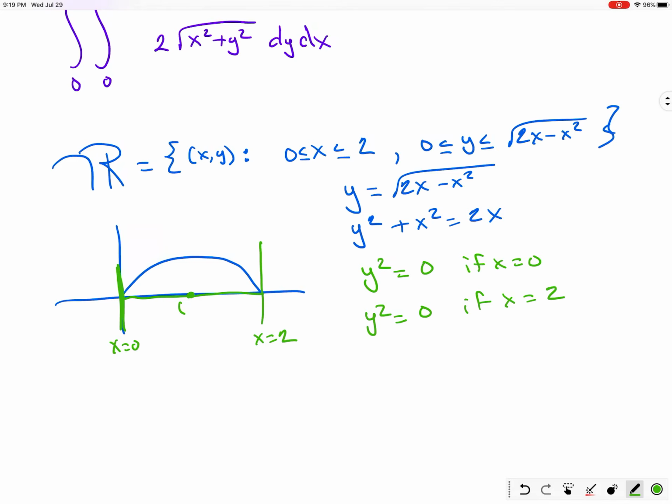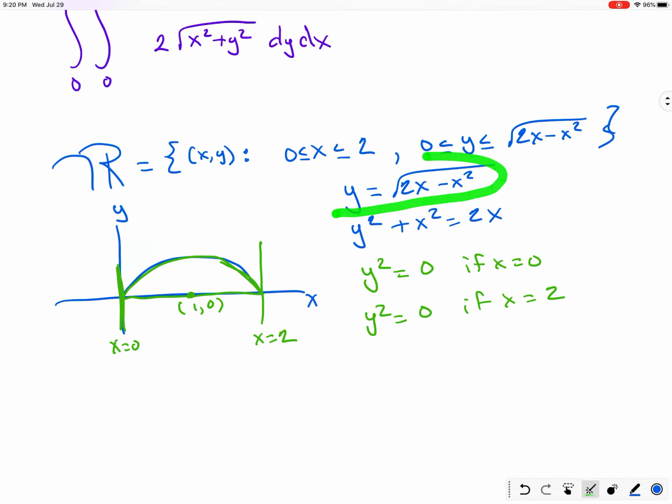and the center of that circle would be (1, 0). And right now we're just graphing the top half of it in the first coordinate when we have x and y.